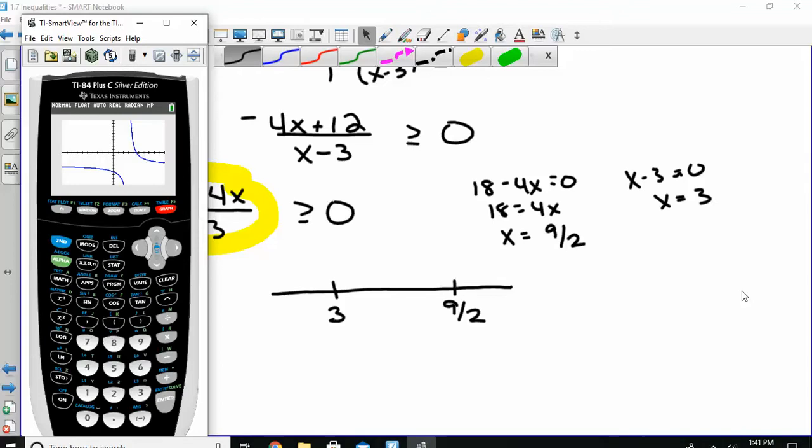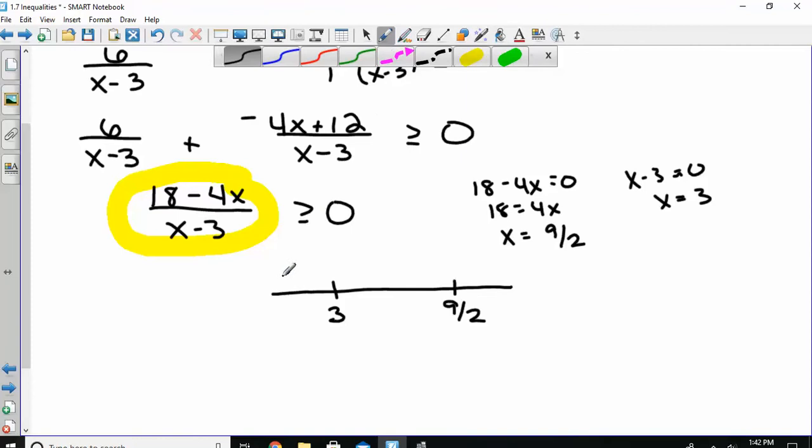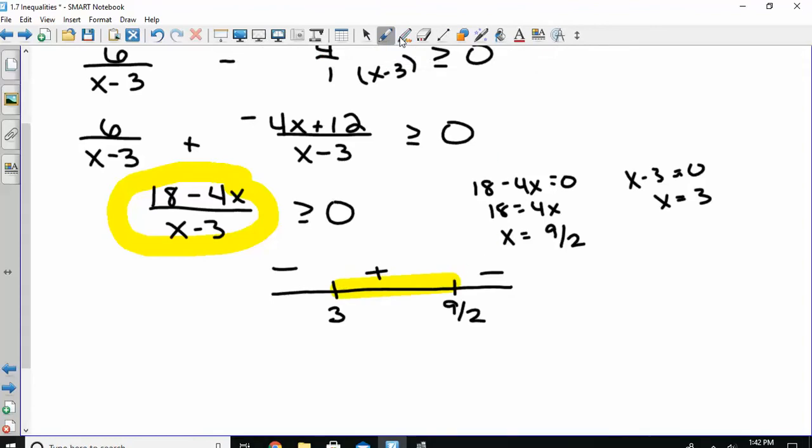So we have negative, positive, negative. Alright, I asked for greater than, so I wanted the positives. Equal to means bracket, but what can x not be? 3. So the 3 gets a parenthesis, the 9/2 gets a bracket.